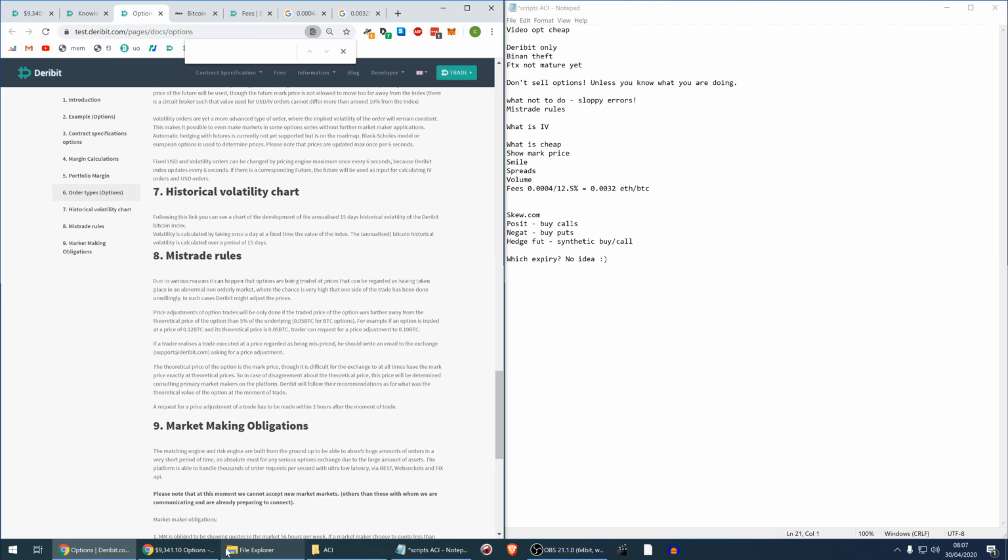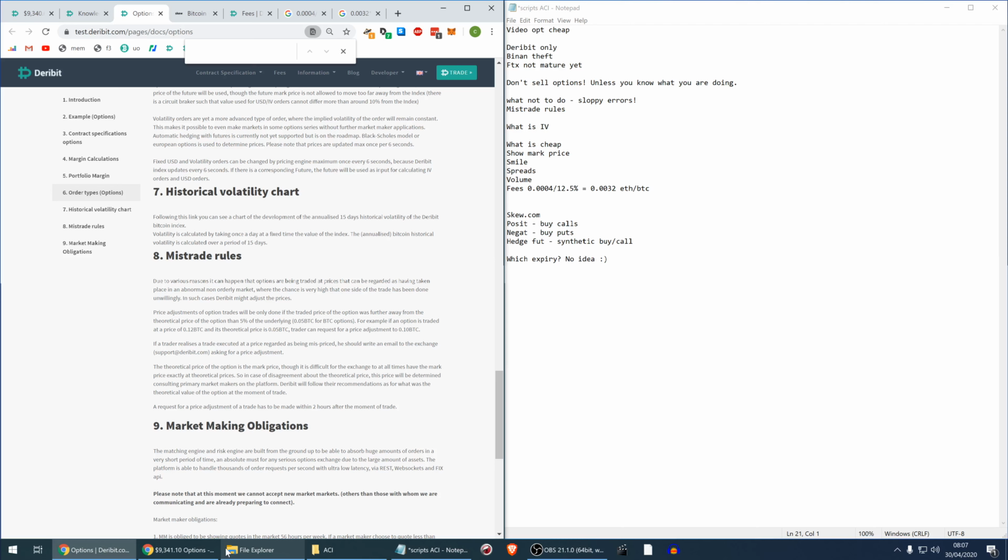So let's just illustrate this. Let's say that the spot is 10k. You can either buy a call with a strike price at 10k, or you can achieve the exact same position by buying futures at 10k and then buying a put with a strike price at 10k with the same maturity, and then getting rid of that futures at the expiry.